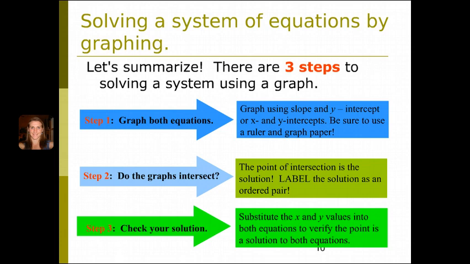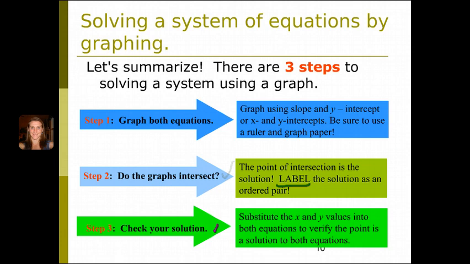However, be sure when you're doing this method that you're using a ruler and graph paper to ensure that your solution is accurate. Second step, you need to think, are these lines intersecting? The point of intersection is your solution, and you need to make sure you label your solution.